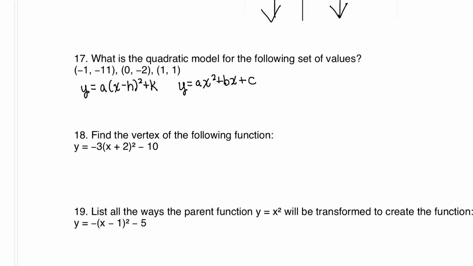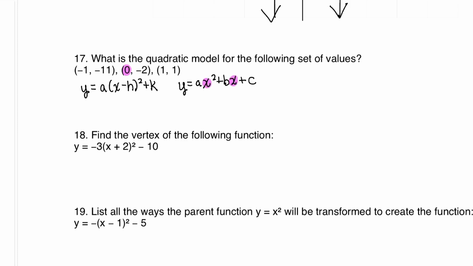However, doing it in standard form, well, actually, I guess it doesn't really matter. We can do either one of these. Now, in this case, because we have this 0, -2 here, I do think it is going to be easier to use standard form. So let's go ahead and plug in our x value here for both of these.